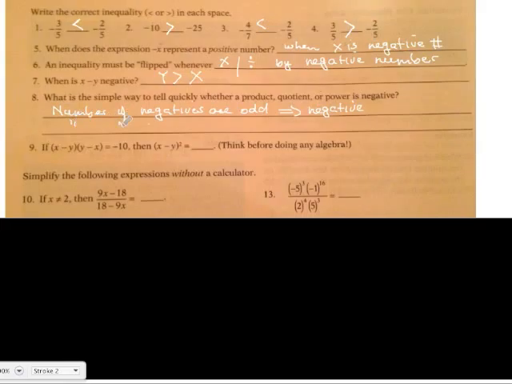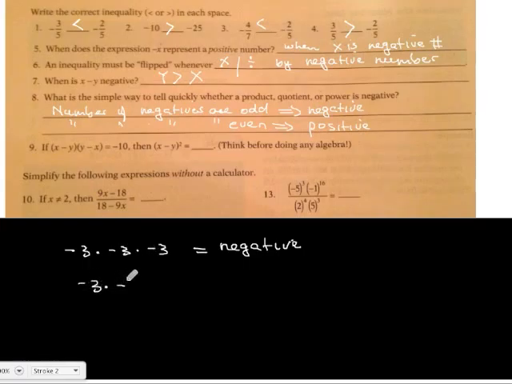When the number of negatives is even, the result is positive. For example, negative 3 times negative 3 times negative 3 will give you a negative answer because there's an odd number of negative 3's here. Or you can say negative 3 times negative 3 times negative 3 times negative 3, and there are an even number of negative 3's, and this will give you a positive answer.